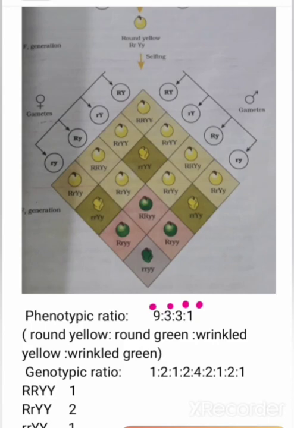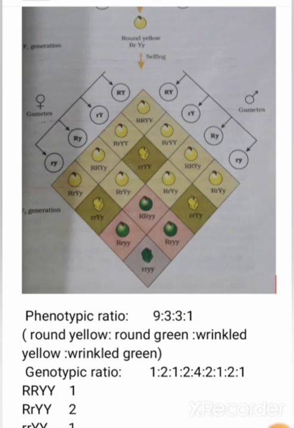Next we form the genotypic ratio. The genotypic ratio of dihybrid cross is 1:2:1:2:4:2:1:2:1.